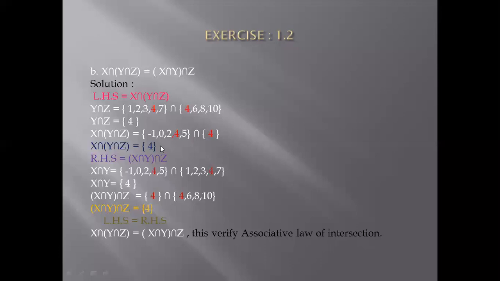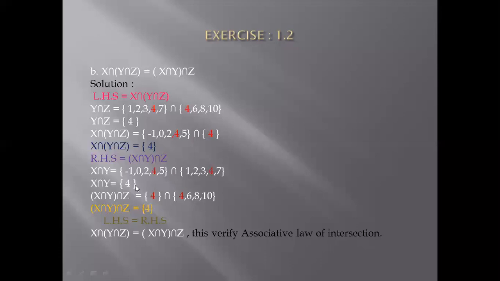Come to the right hand side. X intersection Y intersection Z. Now the partners are X and Y. First we take the common elements between X and Y. We write set X, then intersection, then set Y. Which element is common? 4.